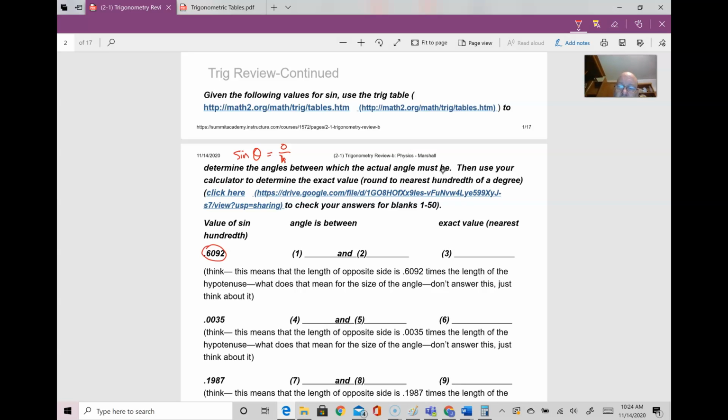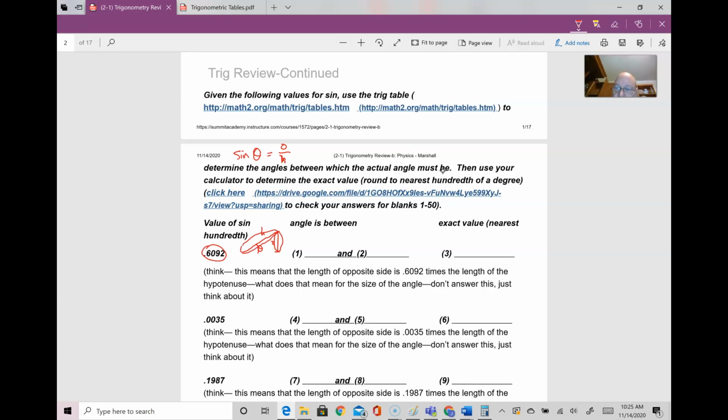Okay, and remember that when we're talking about the sine, that 0.6092 is the ratio of the length of the opposite side of the triangle. So here's theta. This is the opposite side, and this is the hypotenuse. This value, 0.6092, is the ratio of this length to the length of the hypotenuse.